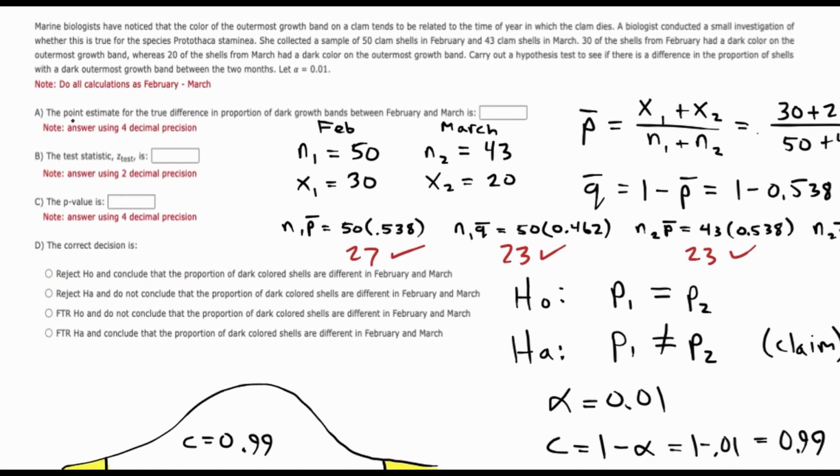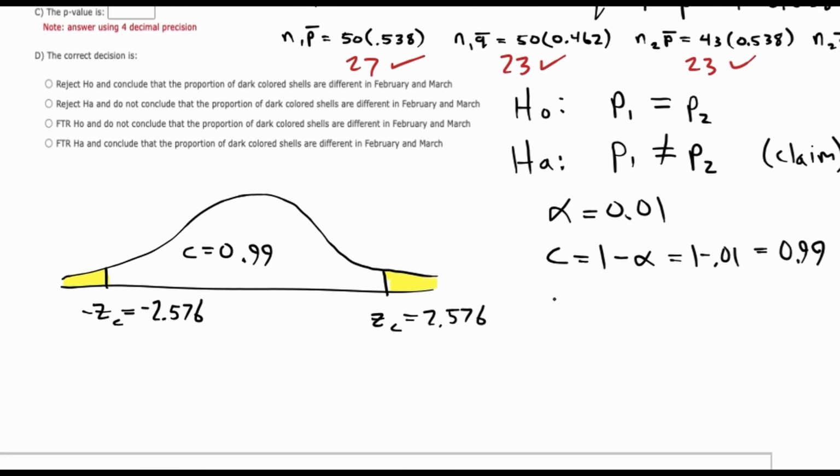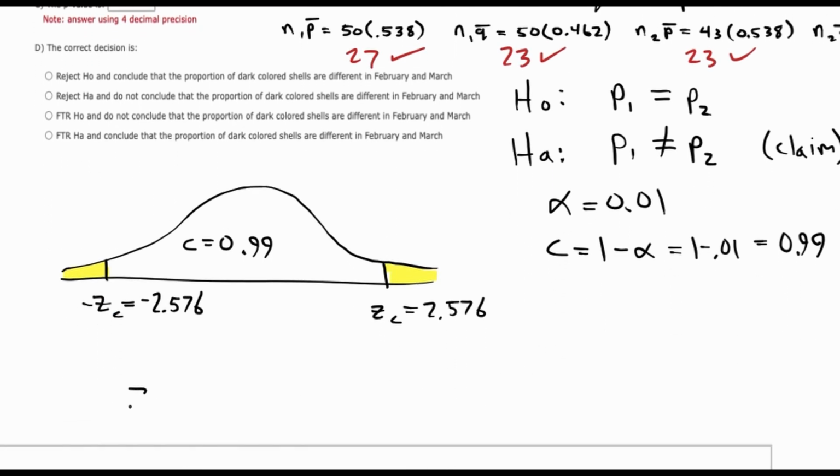They ask us here for the point estimate for the true difference in proportion of dark growth bands in February versus March. So what they're talking about there is the first part of the z-star formula for this, which is P1 minus P2 right here. So we just have to find the empirical proportion P1 and the empirical proportion P2 and subtract them, get the difference.